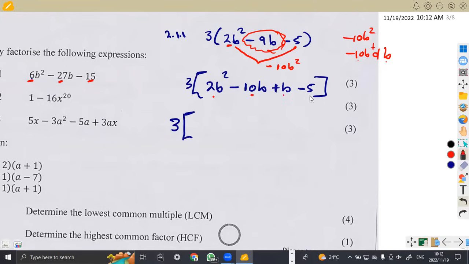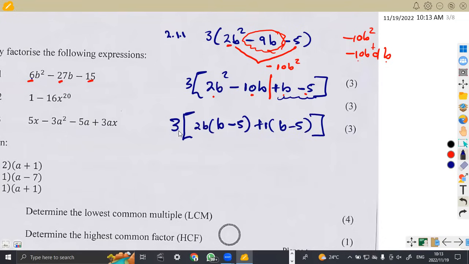That's 1, 2, 3, 4. So you can group them into 2. For the first 2 terms, what was common was 2b. So we've got 2b into 2b squared divided by 2b, that's b, minus 10b divided by 2b, which is negative 5. Then already we've got b minus 5 here, so we can factor out plus 1 so that we remain with b minus 5 as it is.